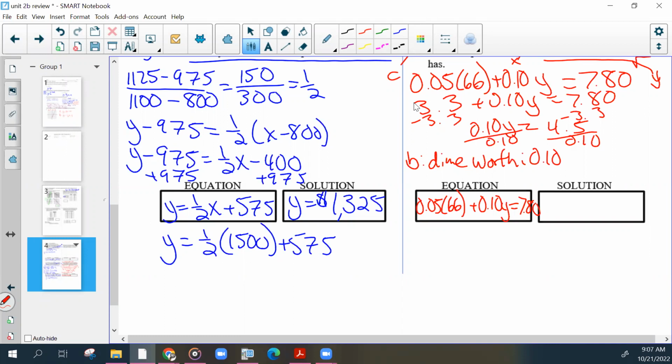And it wouldn't be a decimal either, because we're looking for number of dimes. We have 4.5 divided by 0.10. It should be 45. And then be specific, 45 dimes. Other questions on this page?